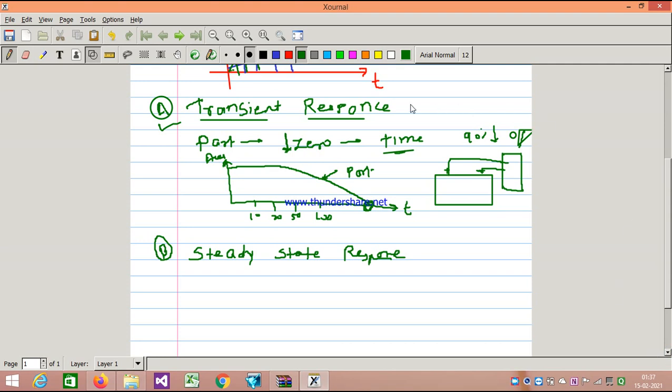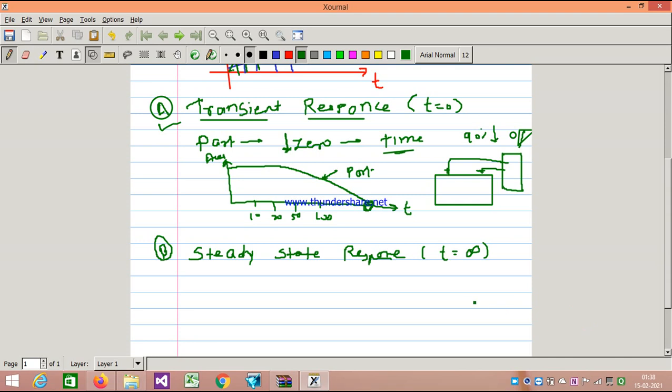Here t is 0, and here t is infinity. The definition of steady state response is the part of the response that remains even after the transient has died out. That means the part of the response remains as it is.